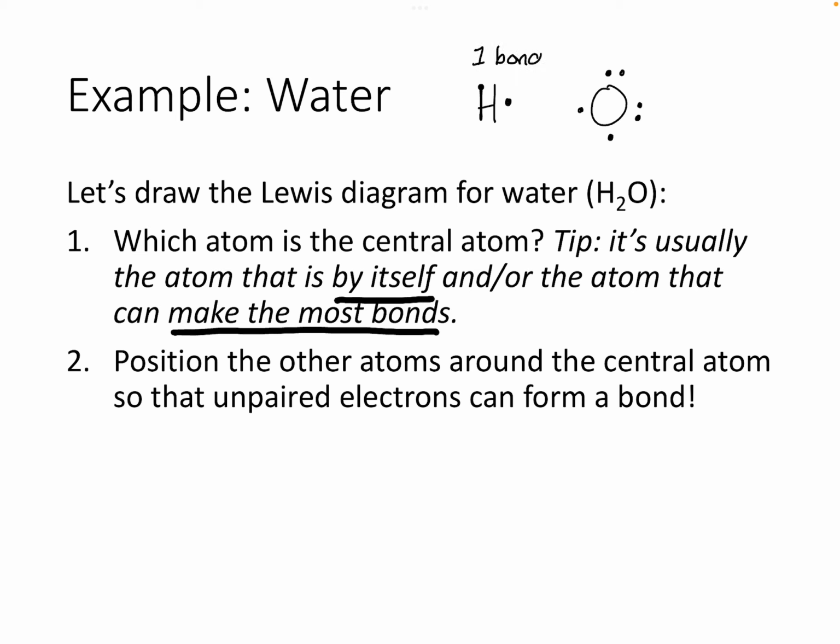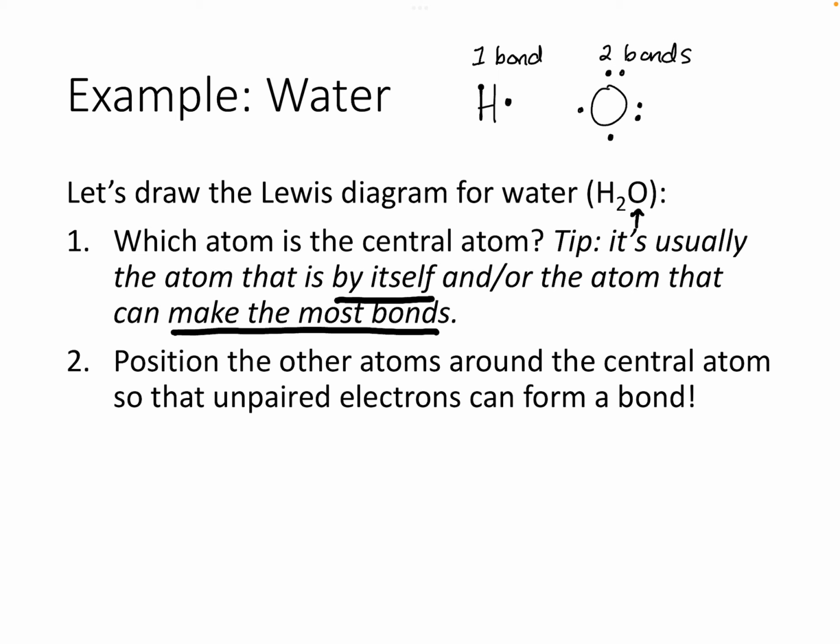So that tells us that oxygen is going to be in the middle of this molecule. It is by itself in the molecular formula. There's only 1 oxygen, and it can make the most bonds out of all of the atoms in the molecule.